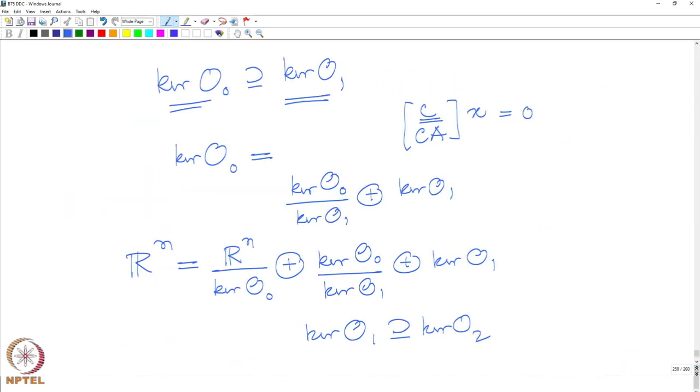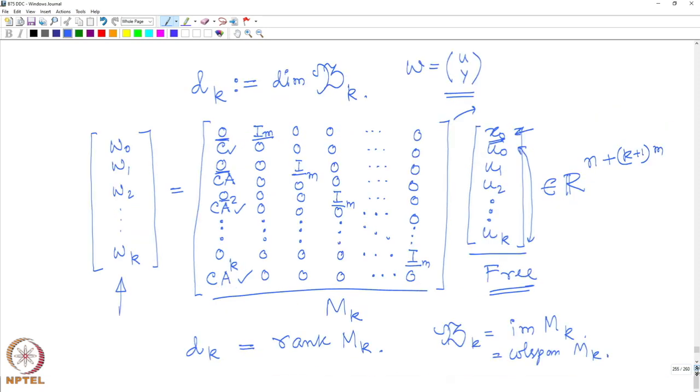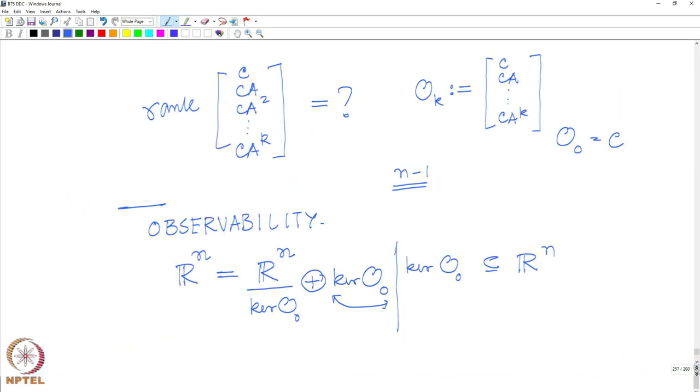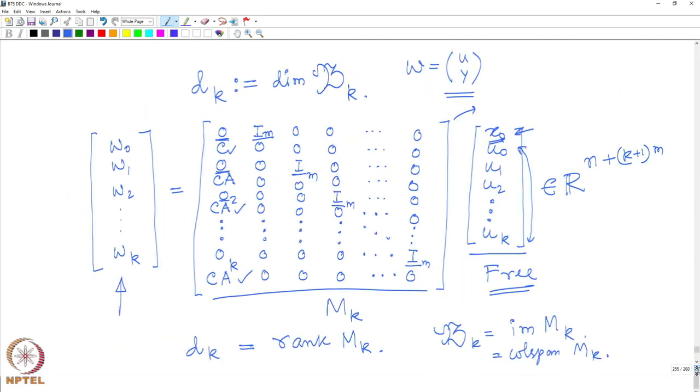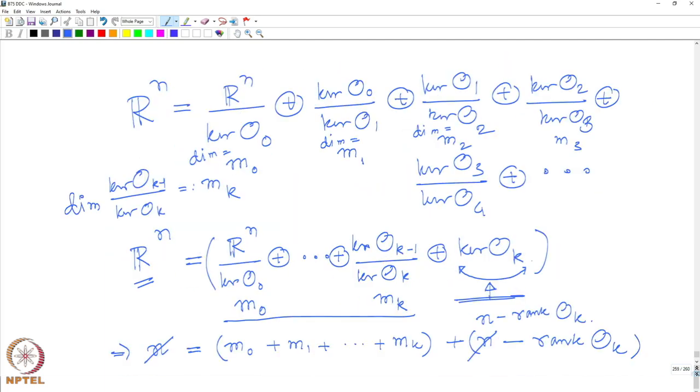I have been writing m without explaining it, I am sorry; I said that all these are of size m, meaning the input U is of size m every time.